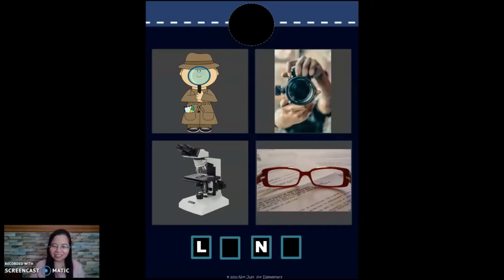Let's look at the next letter. It's an E. Len. What could be the missing letter here? It's S. The correct word is lens. Congratulations!